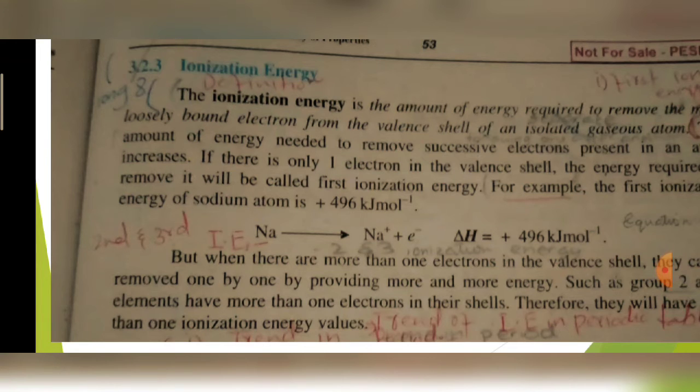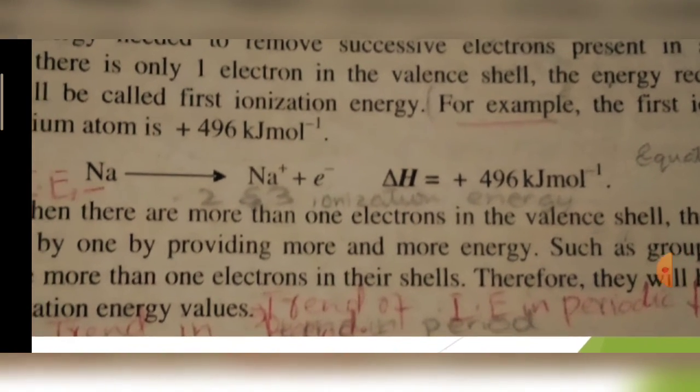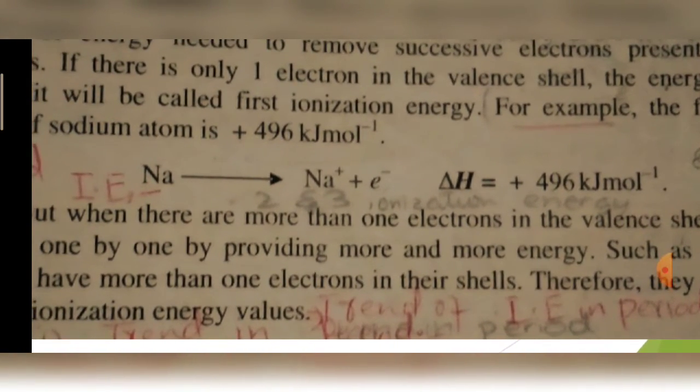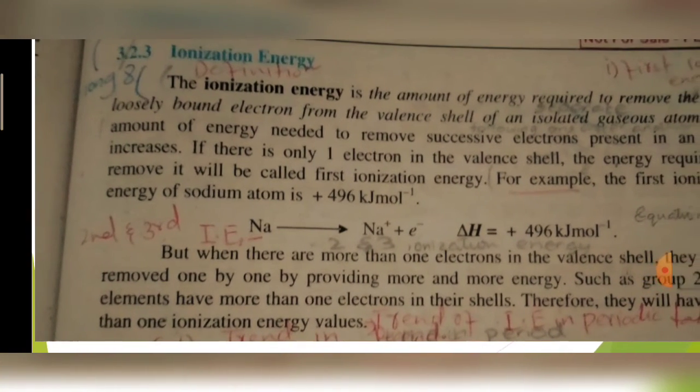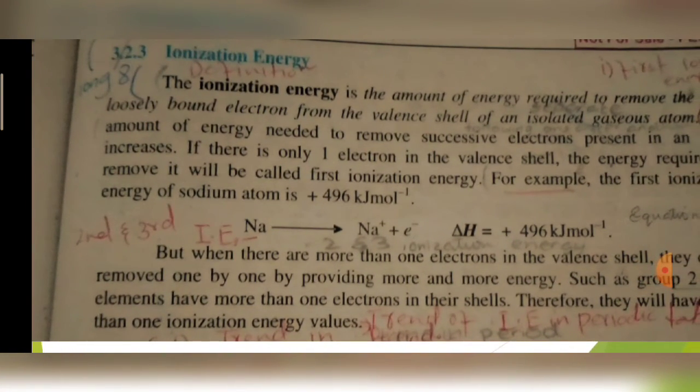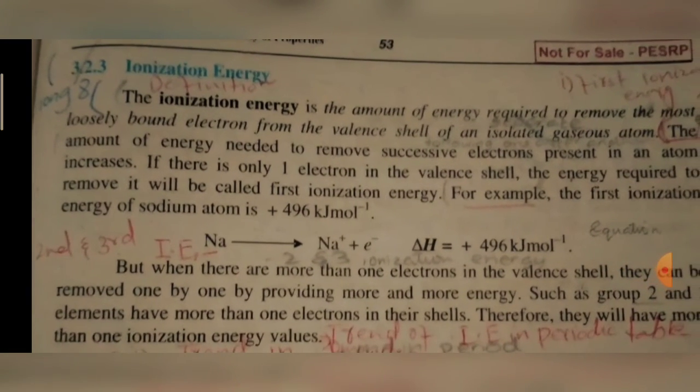That's why we add the energy, and the plus sign indicates that we are adding the energy. Next, the second paragraph heading is second and third ionization energy, and this heading starts from here.